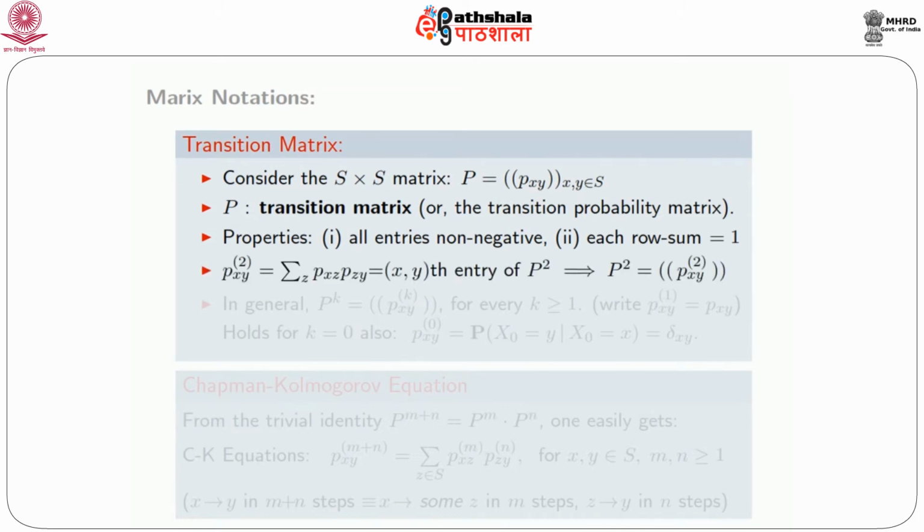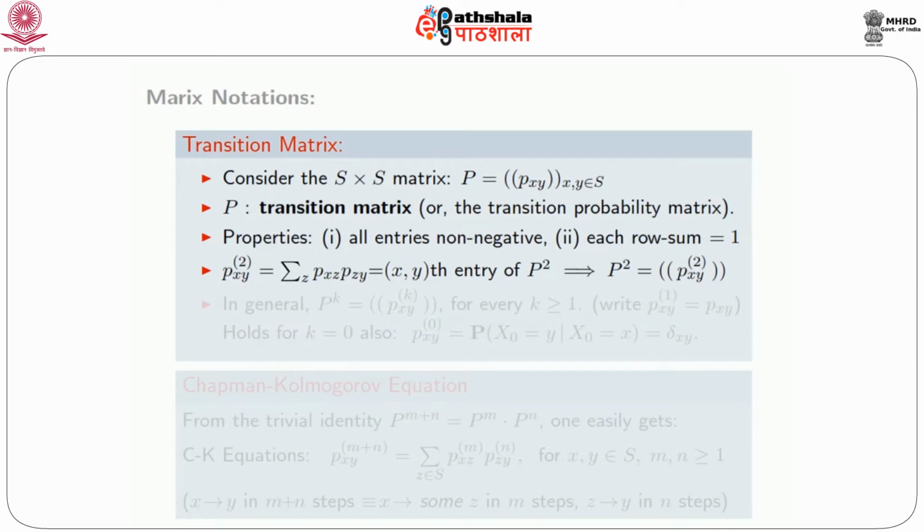Next, if you look at the formula for Pxy2, the two-step transition probability that we obtained, the formula was Pxz into Pzy, that product, summed over all possible z. But your knowledge of matrix algebra would tell you that if you look at the square of the matrix P in the sense of matrix multiplication, then this quantity Pxz Pzy summed over all z is nothing but the xyth entry of P square.